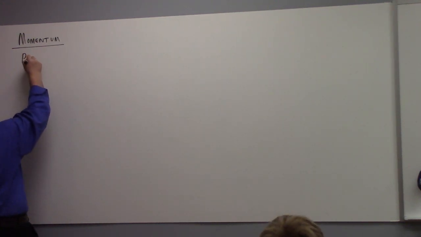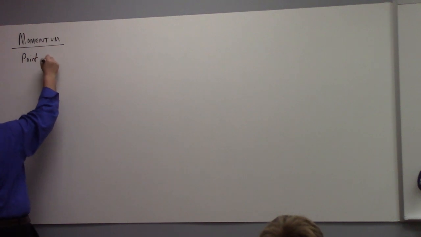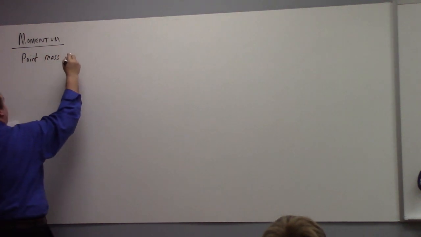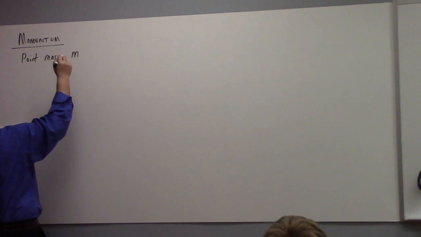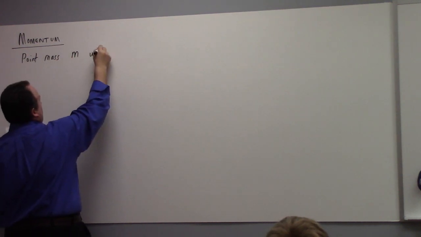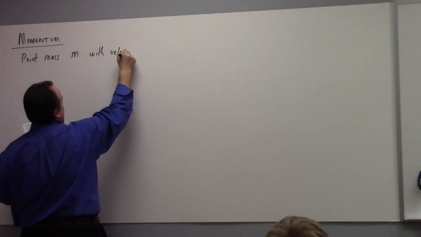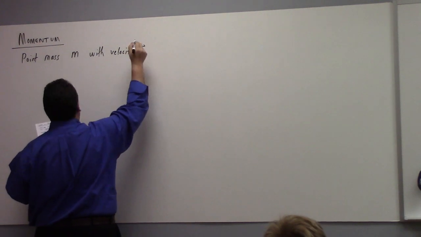So I'm going to start by talking about momentum for a point mass. So what is a point mass? If you have a point mass, in other words, a mass where we're not really concerned with its dimensions, with velocity v, velocity is a vector, right?